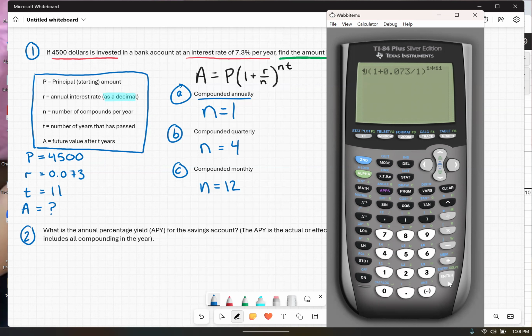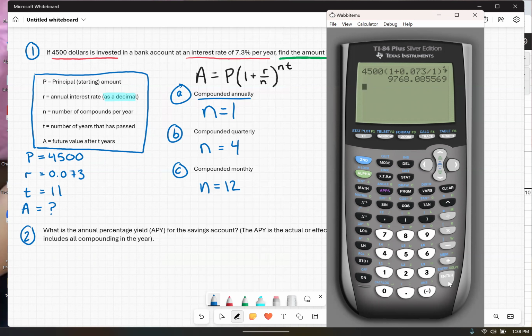All right, and if I hit enter, that should give us the answer. We round that to the nearest penny, so it looks like $9,768.09. Let me write this down so I don't forget it. 9768.09.